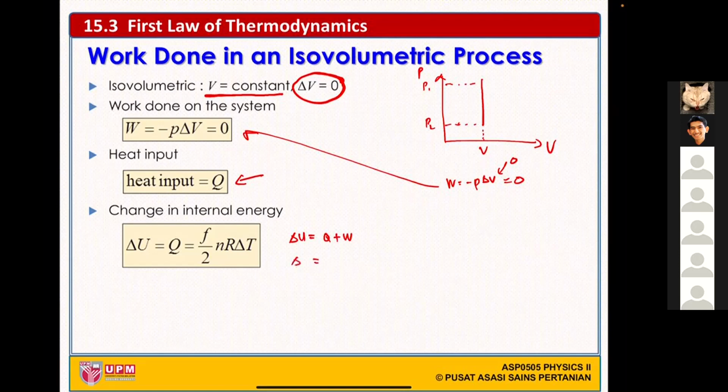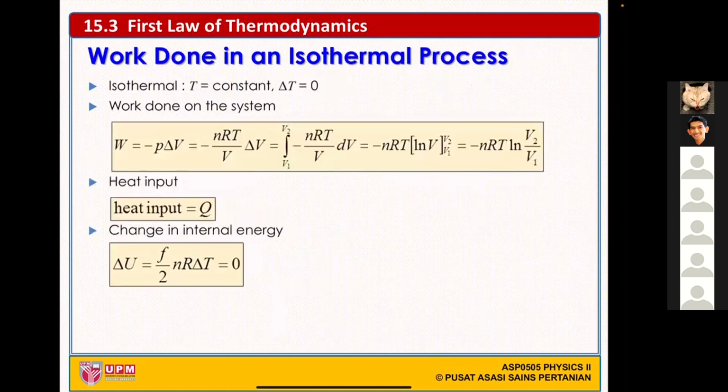So delta U akan sama dengan Q, yang mana delta U is equal to F divided by 2 nR the change in T. So kita boleh kira the total heat dalam gas untuk proses isovolumetric is F divided by 2 multiplied by nR the change in T. Alright, so itu berkaitan dengan isovolumetric.